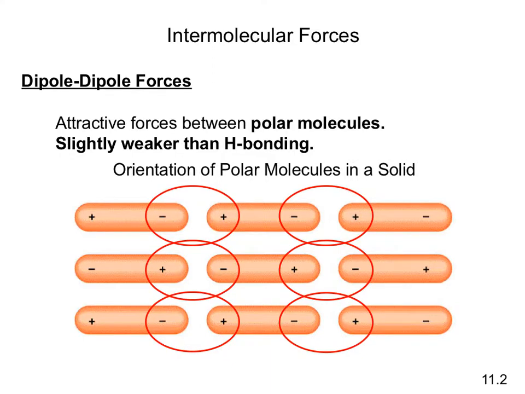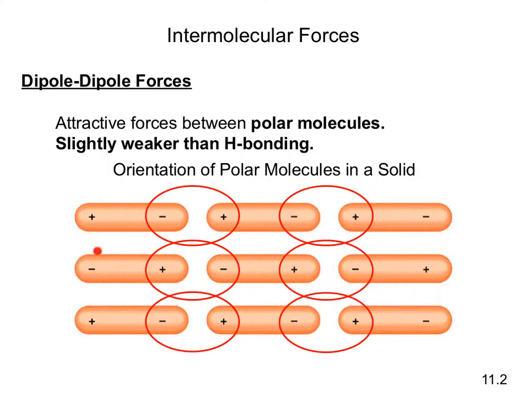So here is what's happening in those other polar molecules. It's what we call a dipole-dipole force or dipole-dipole interaction. I know it's silly to say dipole-dipole, but what they mean really is that this is a dipole because it has two poles, a plus and a minus. And this is a dipole because it has two poles, a plus and a minus.